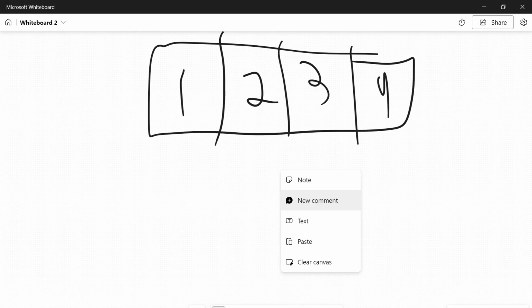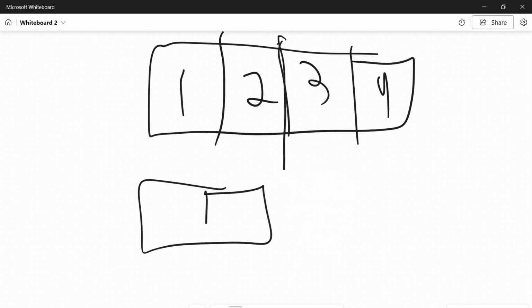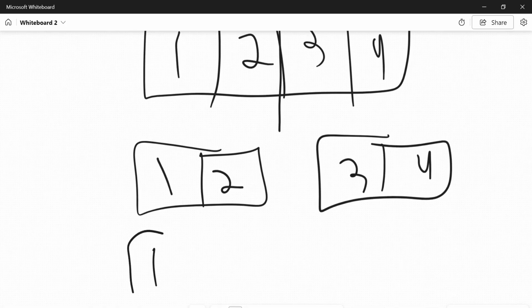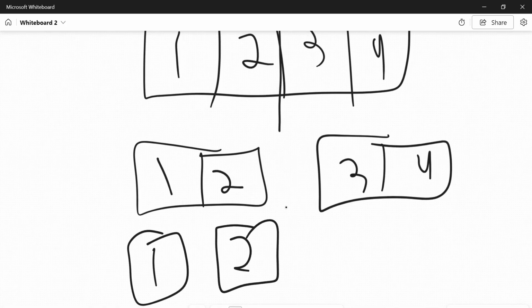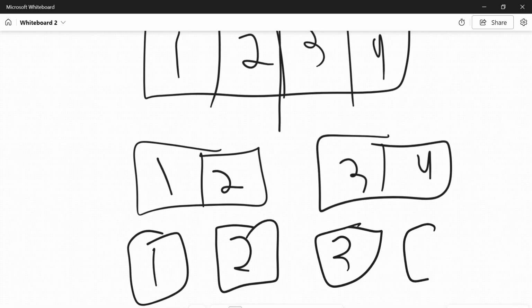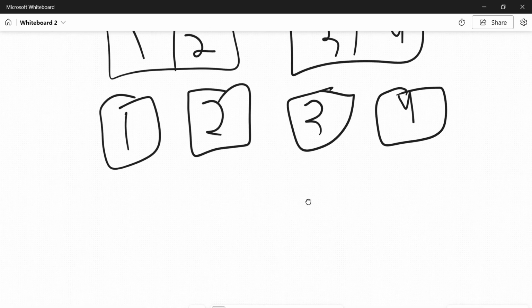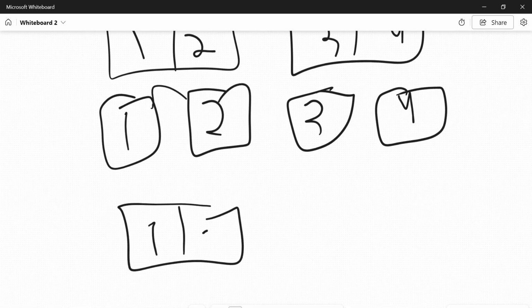Merge sort, on the other hand, still has to do its entire thing. So merge sort has to still divide the list in half, getting it to its smallest elements: 1, 2, 3, 4. And then it has to sort and combine them. It has to check which one's smaller. 1 is smaller than 2.